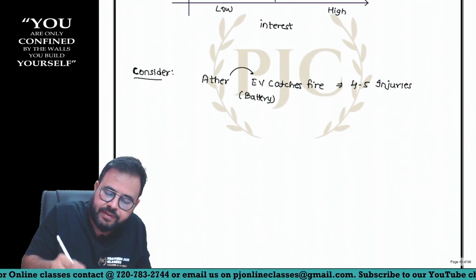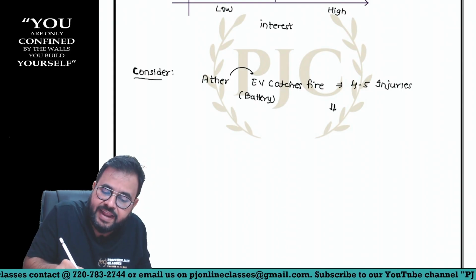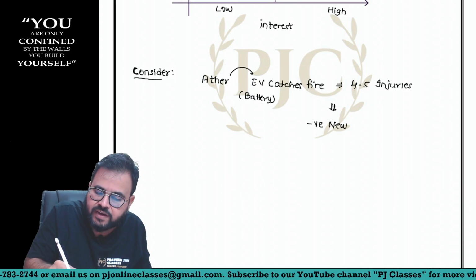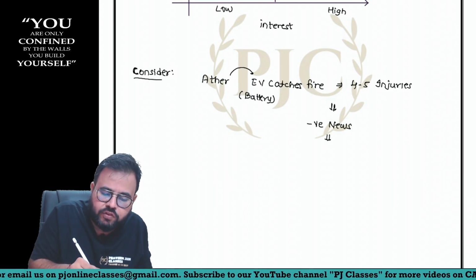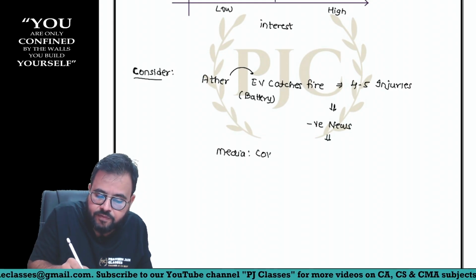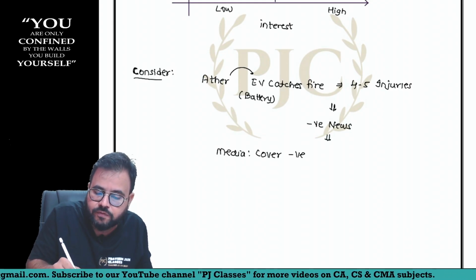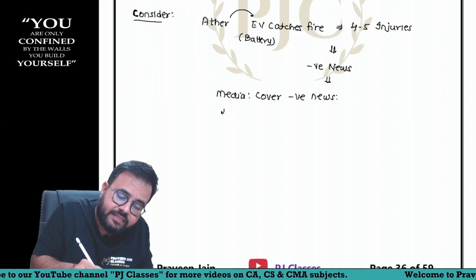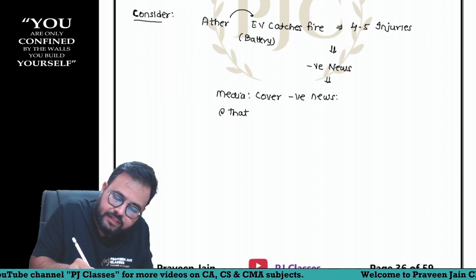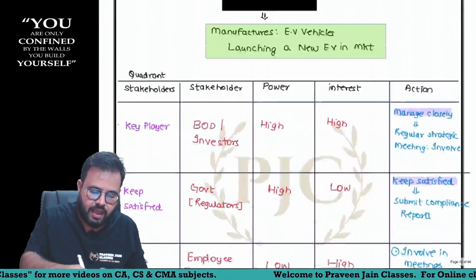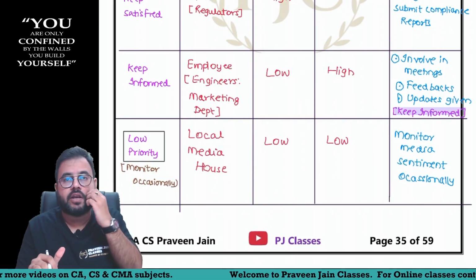Say this happens. Don't you think this is negative news for a company, sir? Do you think the media house will cover negative news? Now tell me, at that point of time, do you think they are still a low priority stakeholder?